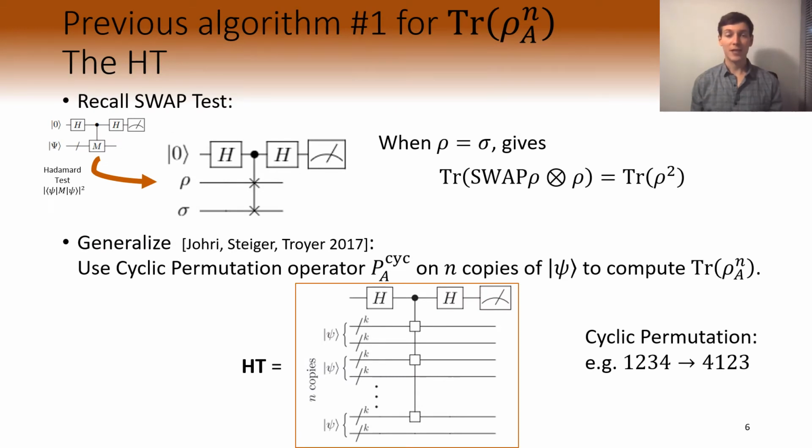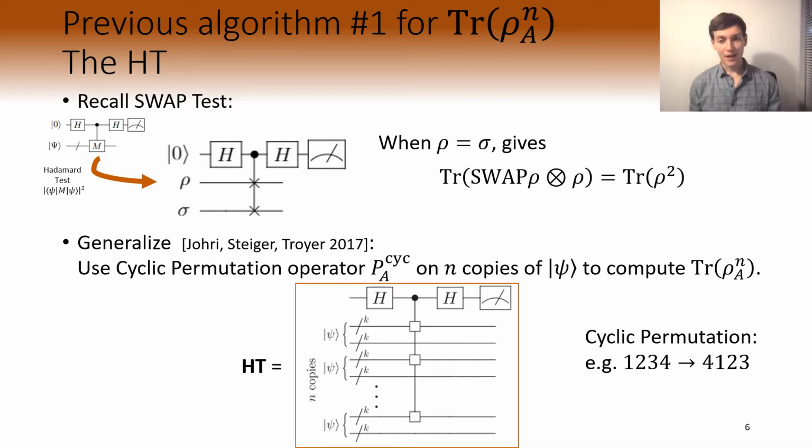First, to introduce HT, recall the swap test, which is the Hadamard test, but with a swap operator and copies of two quantum states. Now, when those two states are set equal to each other, the swap test gives state overlap, which becomes trace rho squared.